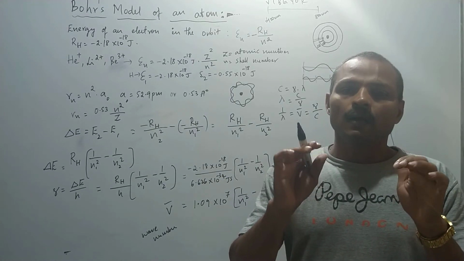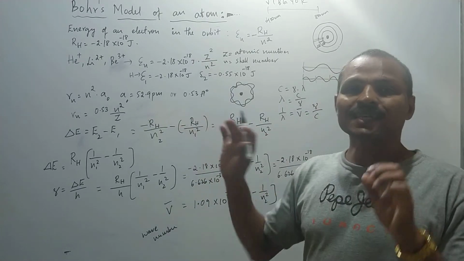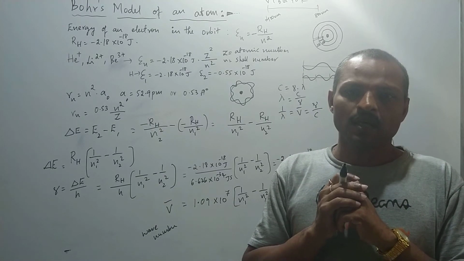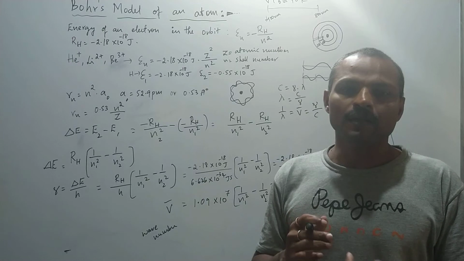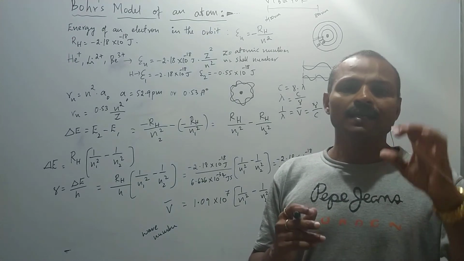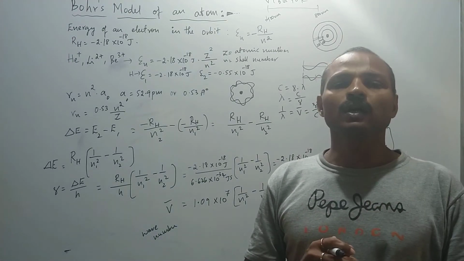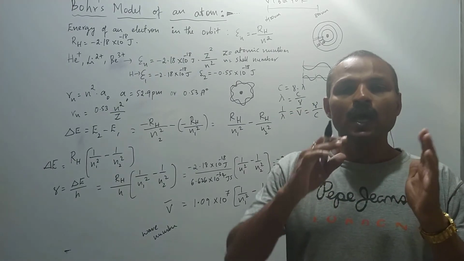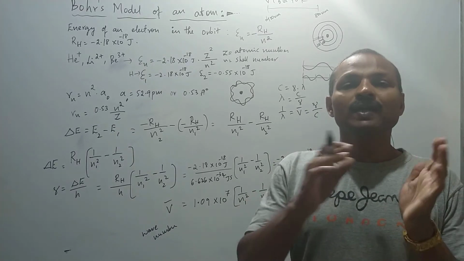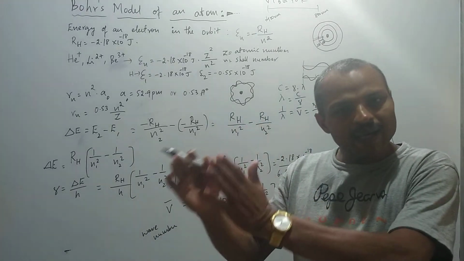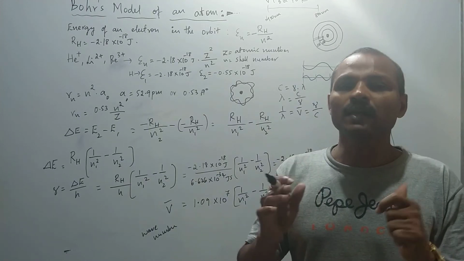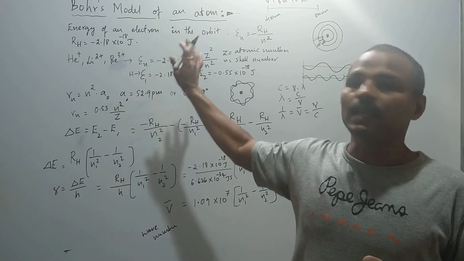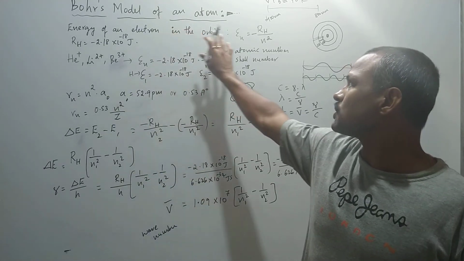That means each element has its own characteristic, unique emission spectrum, used like a fingerprint or barcode. For example, carbon has its own emission spectrum, and hydrogen has its own emission spectrum. So if an unknown element is given to us, we can match it with the existing emission spectrum and identify it. So how can we find out? By using Bohr's model of atom.